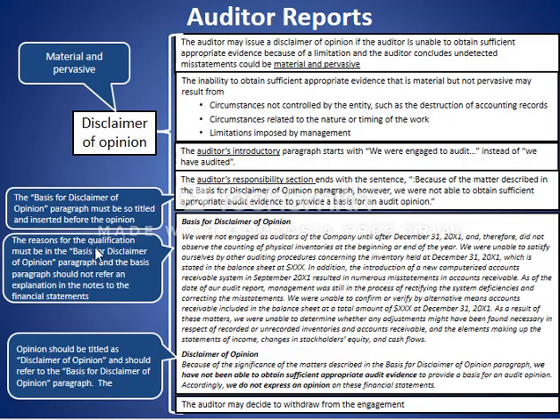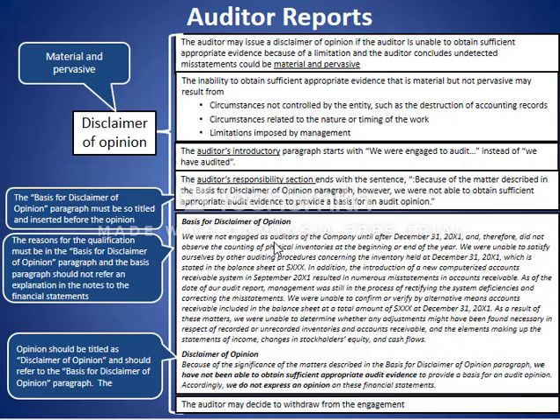The reasons for the qualification, or in effect the reason for the basis for disclaimer of opinion paragraph, should not need to refer to any of the footnotes in the financial statements. It should stand on its own. Now let's go through this particular example.